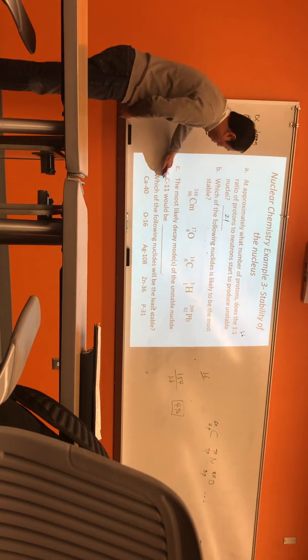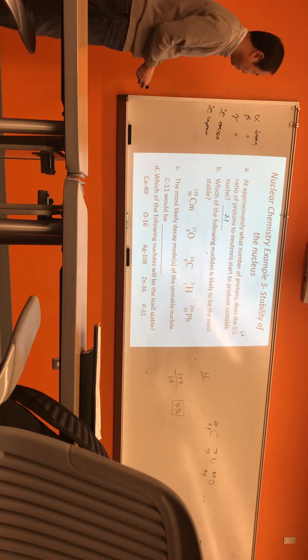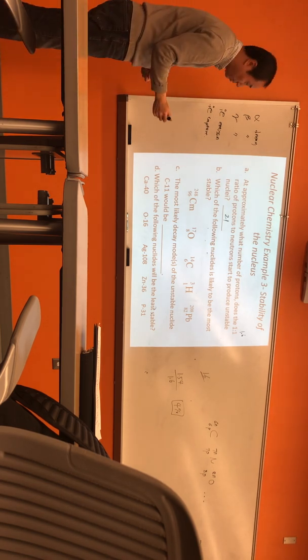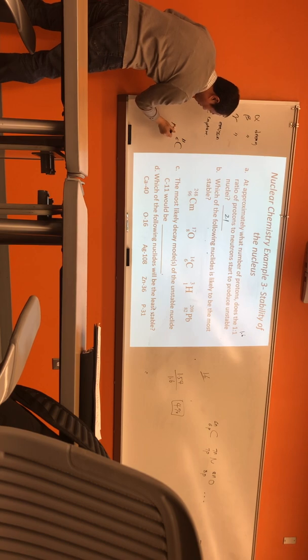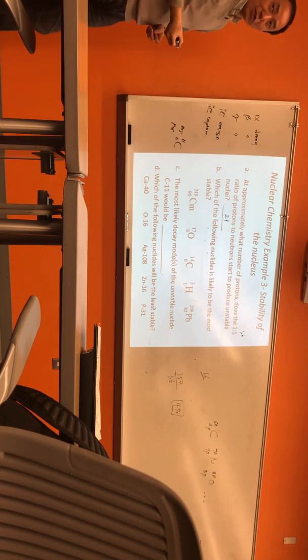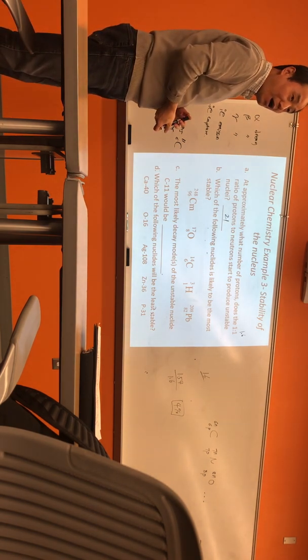What will happen to carbon 11, C11? What reaction will happen? So C11 is atomic number 6, mass number 11. That means we have 6 protons, 5 neutrons. So what should happen? Alpha decay?